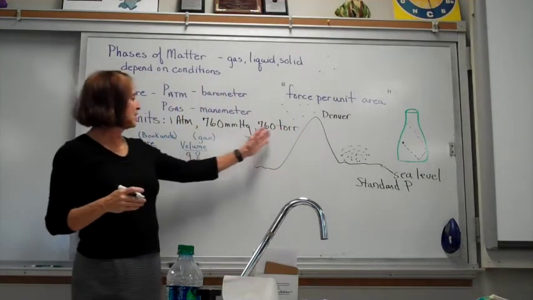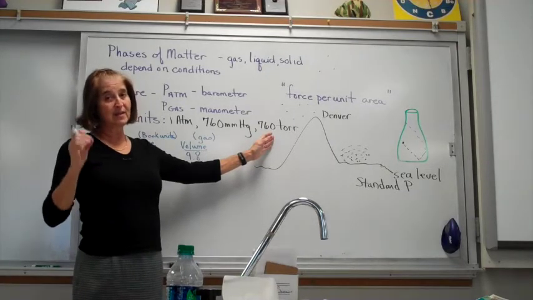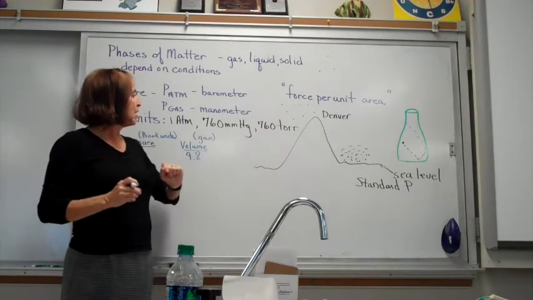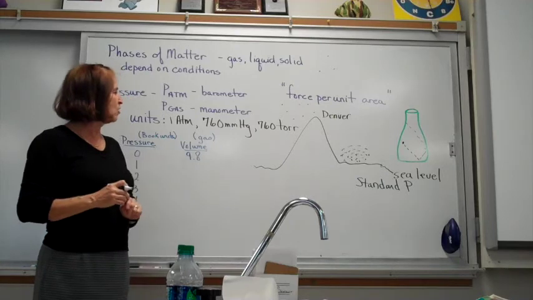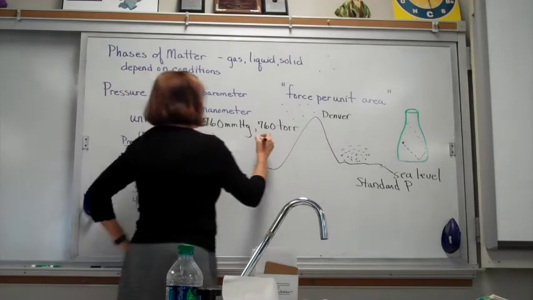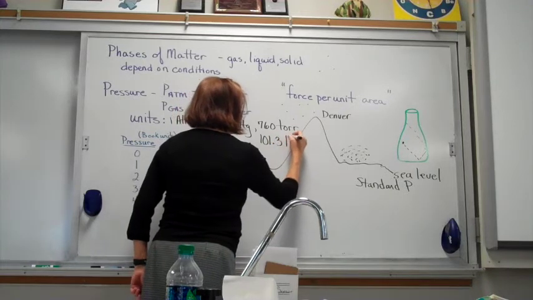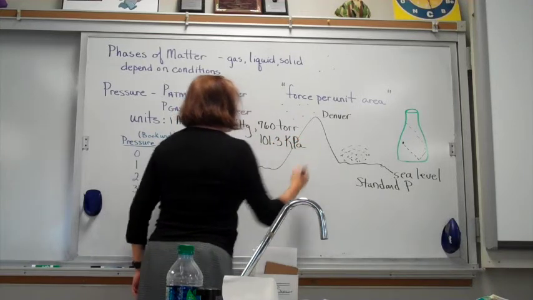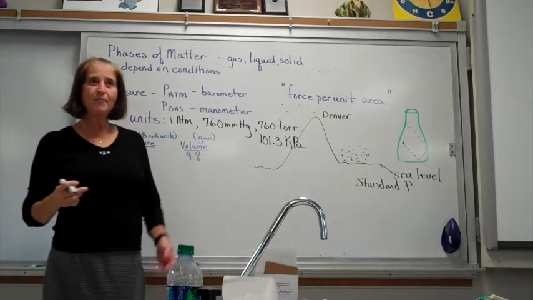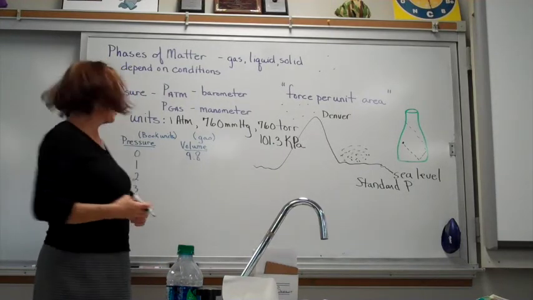Now, you can see that these two are exactly the same as far as the number. But other units that you should know would include 101.3 kilopascals. Kilopascals is the SI unit for pressure.